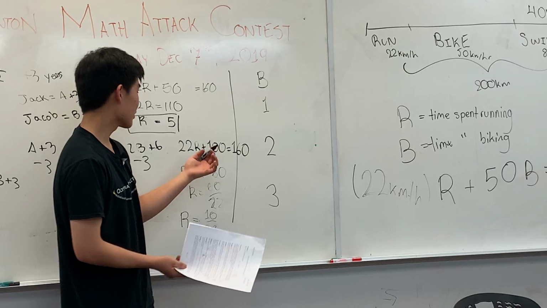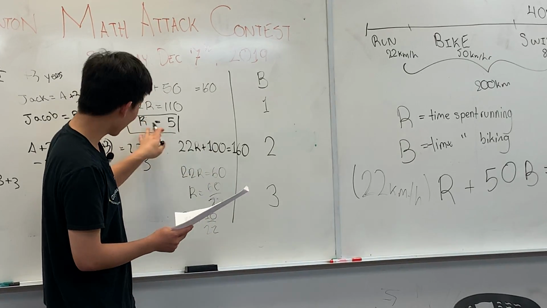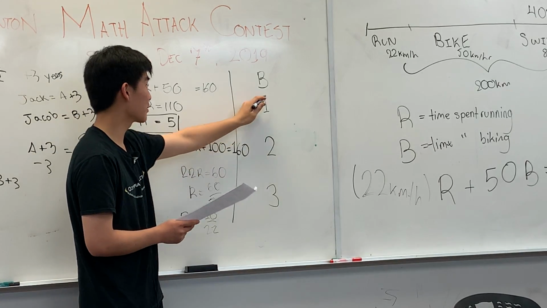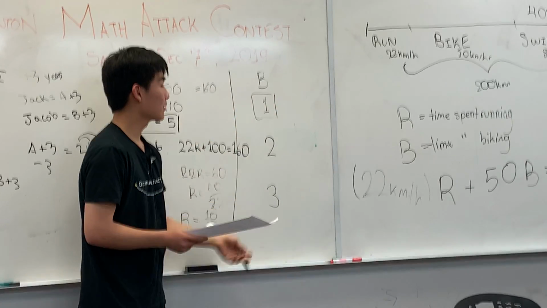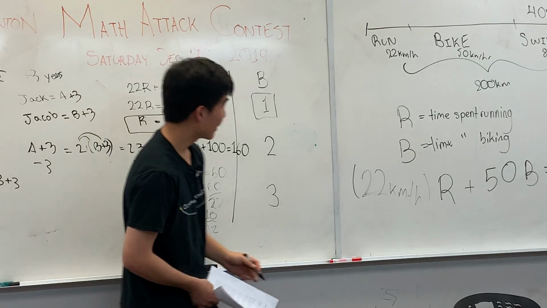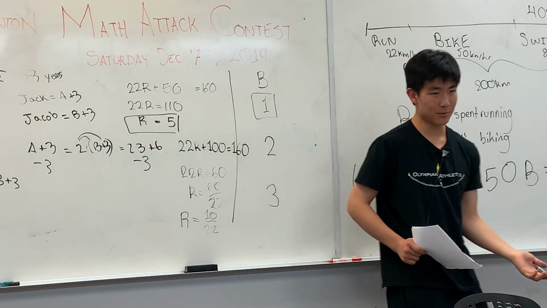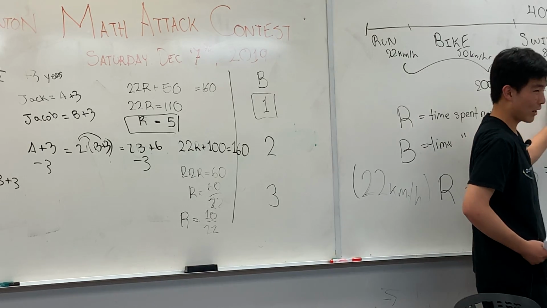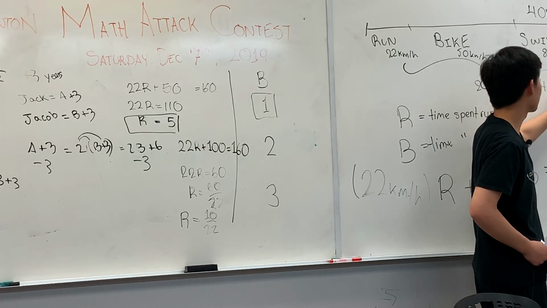So our solution is, we know that the amount of time spent running is 5 hours, and the amount of time spent biking is 1 hour. So now all that remains is to find the amount of time spent swimming, which is, well, they swam for 40 kilometers, right?